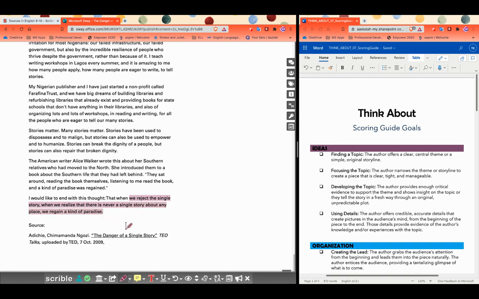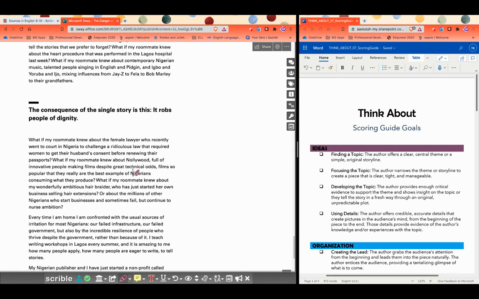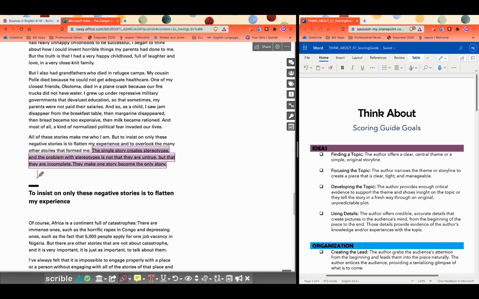And so those are some possible subtopics that you could go through and see how she focuses on those themes. They're all very similar, but she weaves them all together to create this overall main topic.